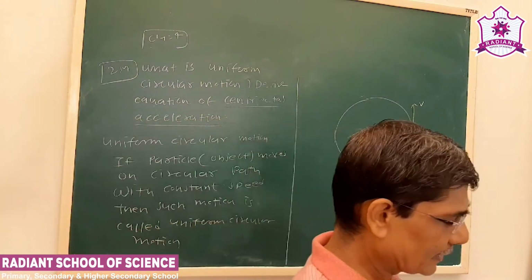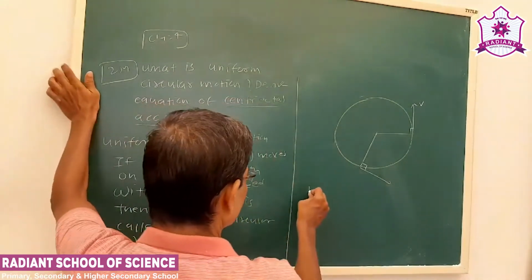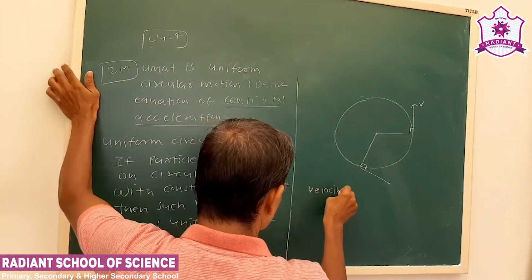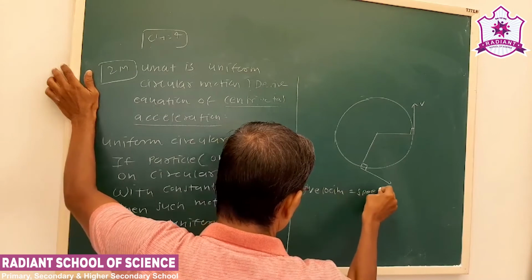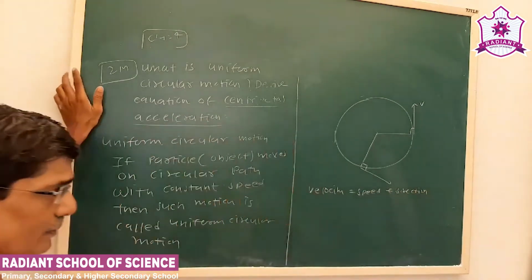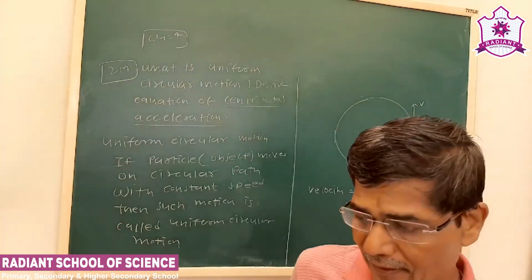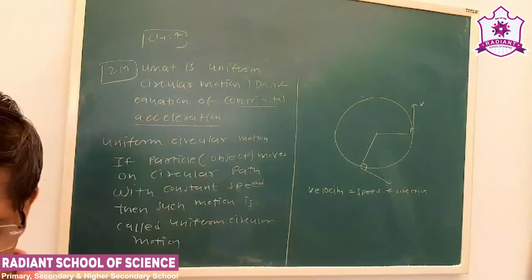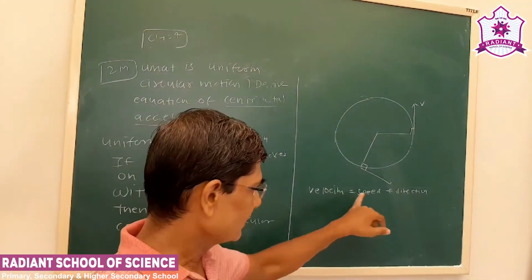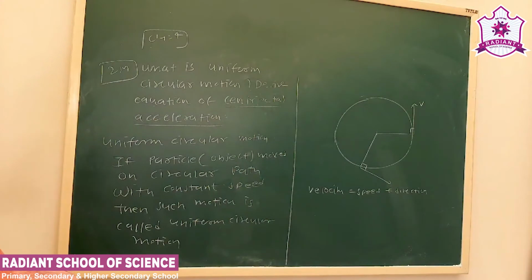Now we studied velocity: speed plus direction. Velocity is a vector quantity, which can be changed in three different ways: by change in the magnitude, change in the direction, or by change in both magnitude and direction.